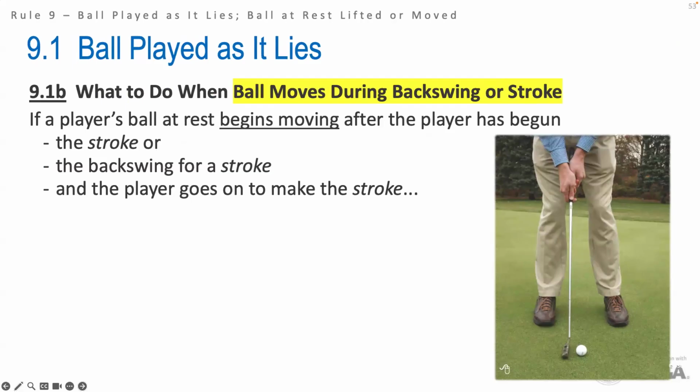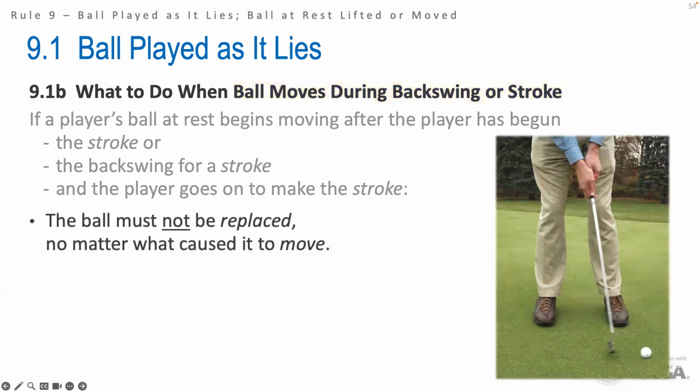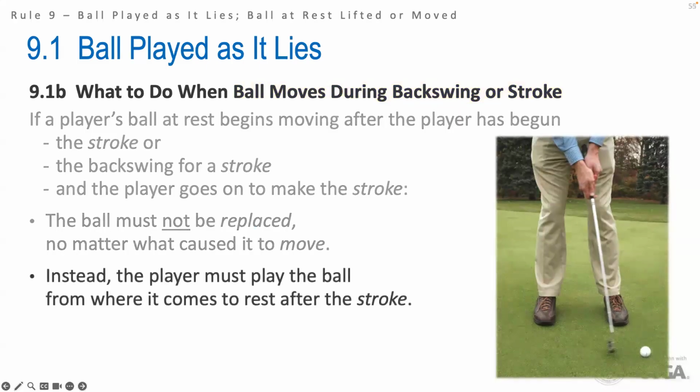So here we get back to what to do when the ball moves during a backswing or stroke. If a player's ball at rest begins moving after the player has begun the stroke or the backswing for a stroke, and the player goes on to make that stroke, there we can see it moves, but then he completes the putt. The ball must not be replaced, no matter what caused it to move.